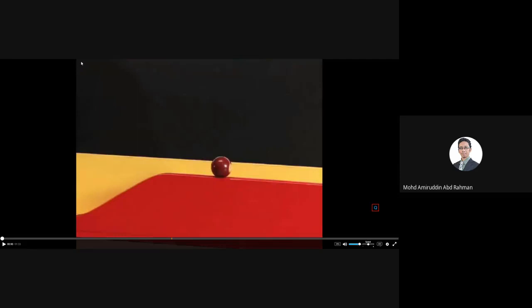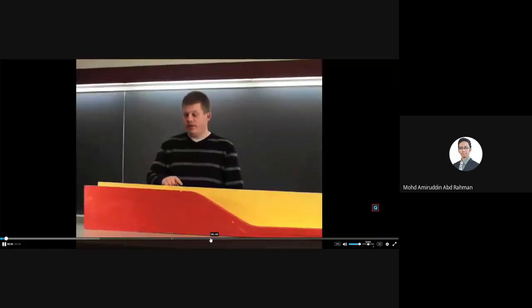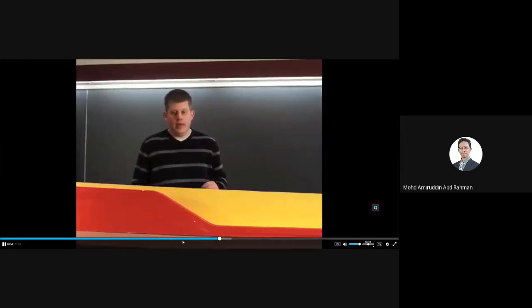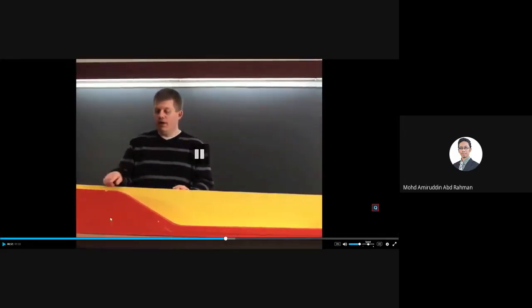I hope that is clear. In this demonstration, as you can see, the point is here: the ball on the red track accelerates further going down the hill, so it increases the speed of the ball.